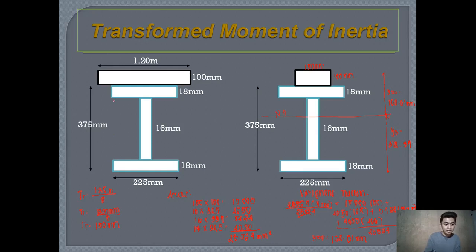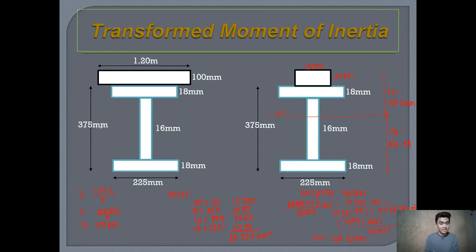Then I will subtract these two rectangles for me to be able to obtain the moment of inertia for the steel section only. But if you would like, you can consider these three sections and then compute as is, as what we have discussed for the moment of inertia.